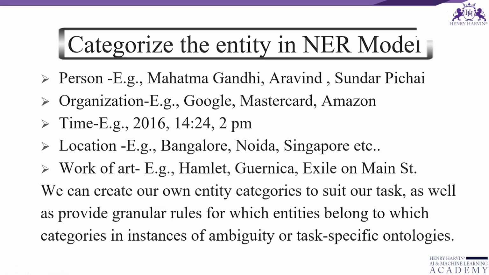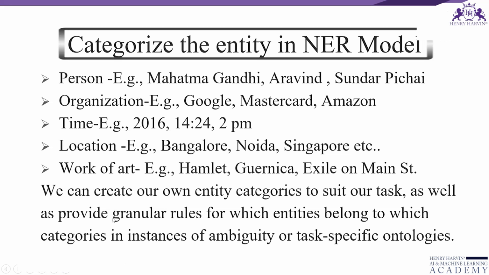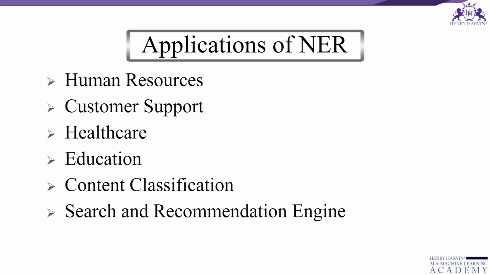As per the requirement of my task, I can generate my own entities. We also provide granular rules for which entities belong to which categories in instances of ambiguity, or task-specific ontologies. Fine.